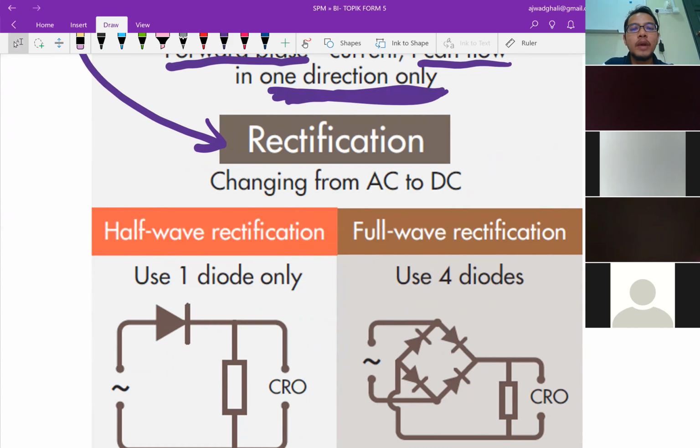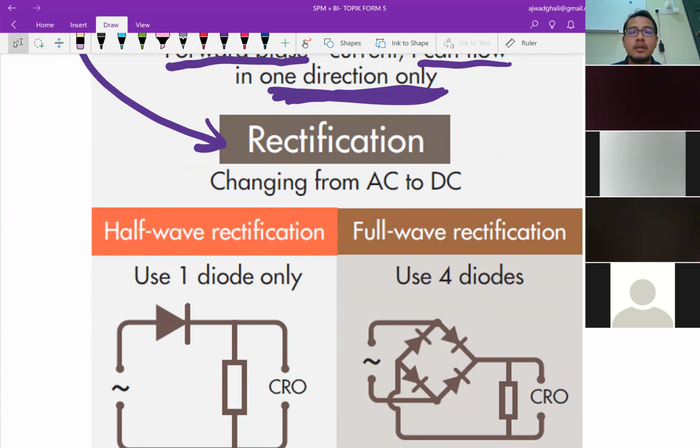So they need to rectify, to change the alternating current from the power source into direct current for the battery. So what is the component they need to change alternating current to direct current? They need a diode. So basically, your computer, your handphone, many electronic devices have a diode because it will change the alternating current to direct current.